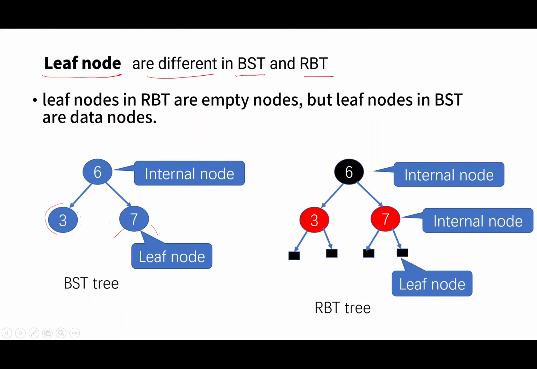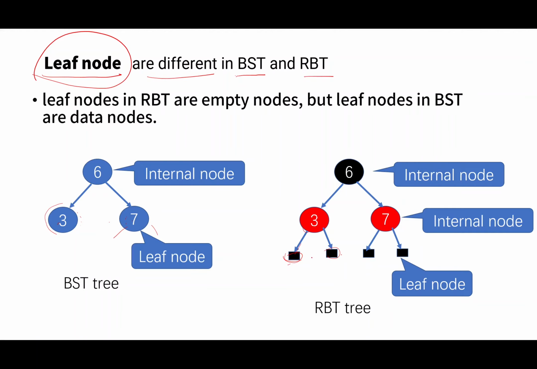But for RBT tree, the leaf node is a lower point of the node. This node has no left child and right child, and the child is null in the binary search tree.